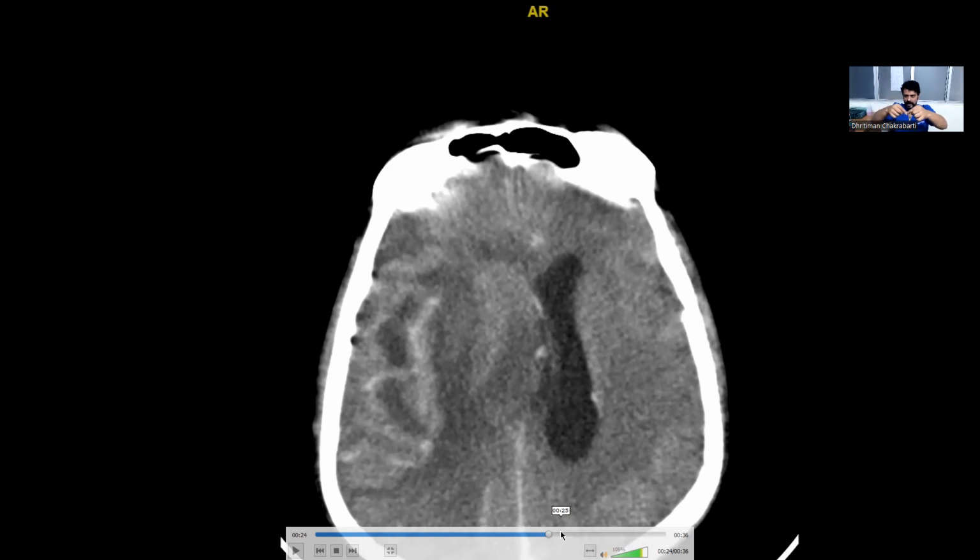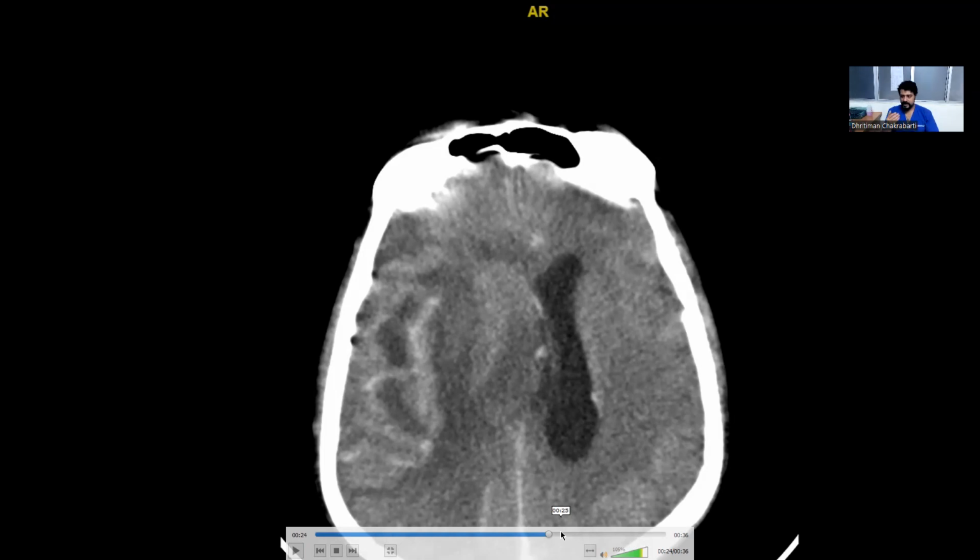Below the third ventricle, it continues as the aqueduct of Sylvius. The aqueduct of Sylvius is nothing but a CSF space above the brainstem. It goes along the roof of the brainstem to the posterior part of the brainstem, and then behind the pons, it forms the fourth ventricle.